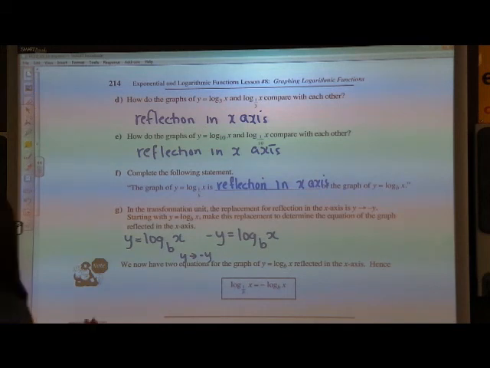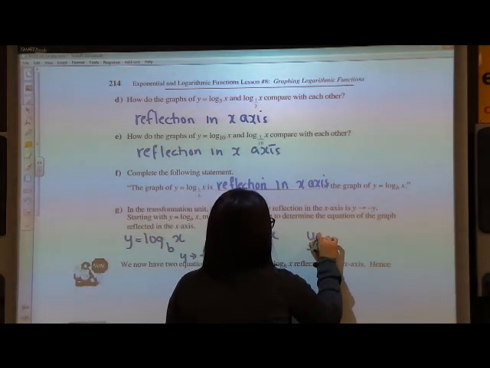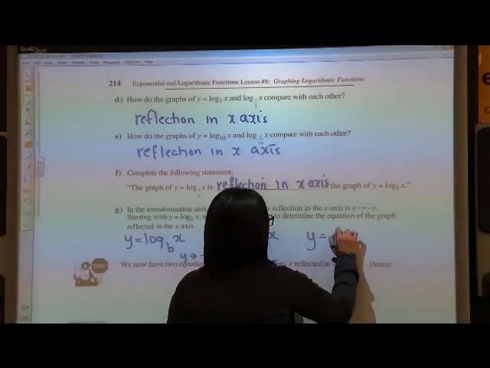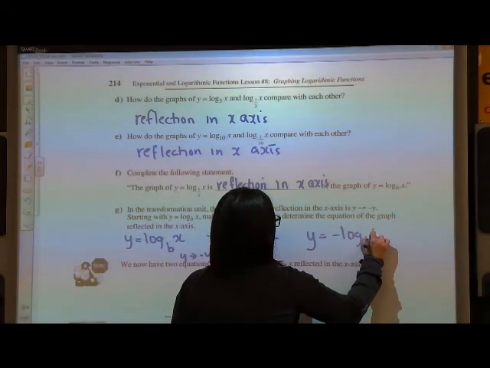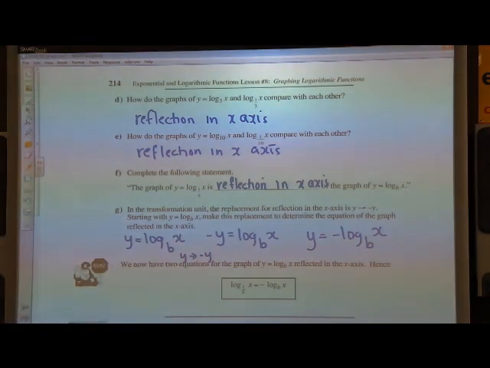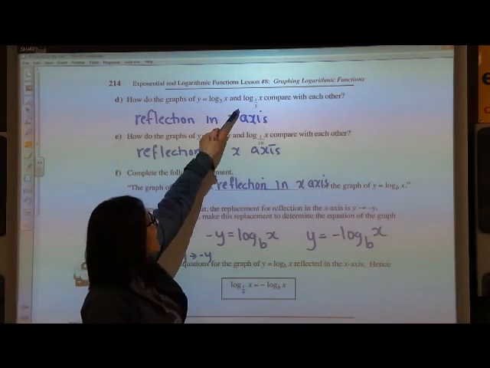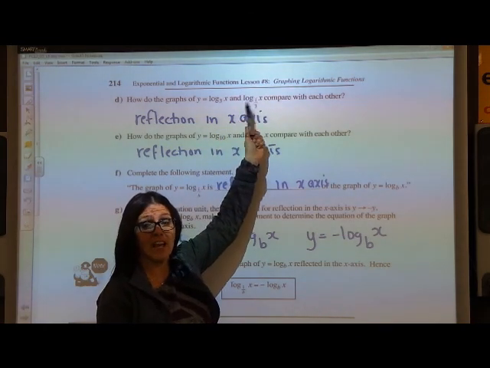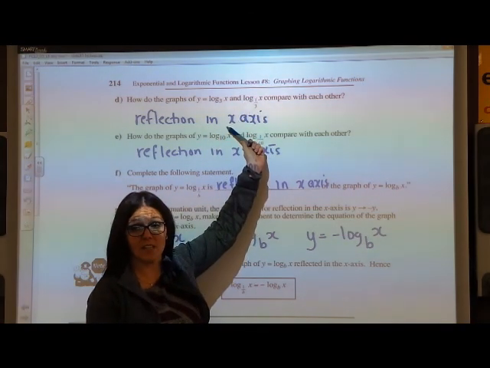So in order to write it as y equals, what do I do with the negative? Move it to the other side. So I have this equation, y equals negative log base b of x. But we've already said that log 1/b of x is also a reflection in the x-axis.